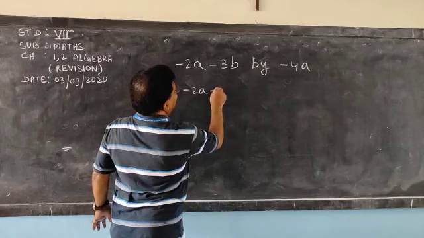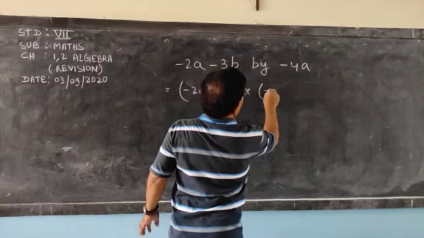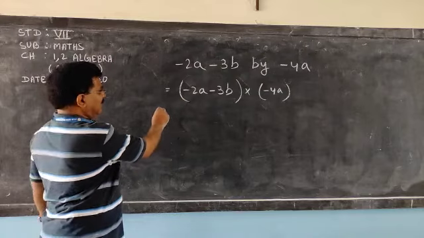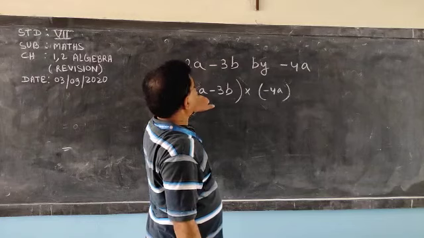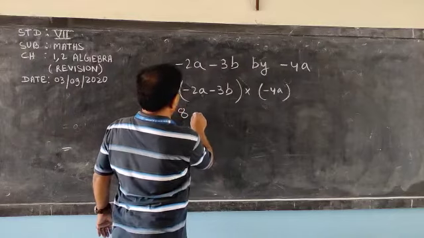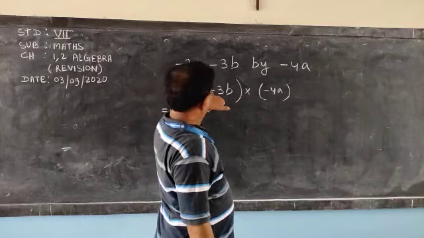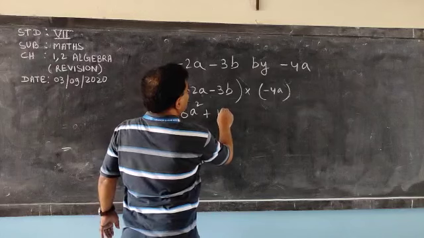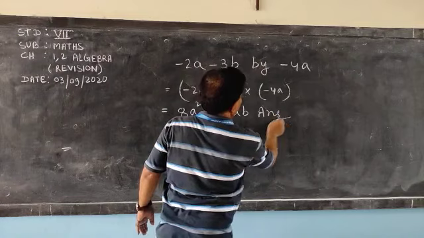Minus 2a minus 3b and into minus 4a. Here, this part is clear. If two minuses are multiplied, it will become plus. So minus 2 into minus 4 will be plus 8, and a into a will be a square. Very clear? Again, minus 3 into minus 4 will be plus, and 4 threes are 12, and a into b, ab, and this is the answer.